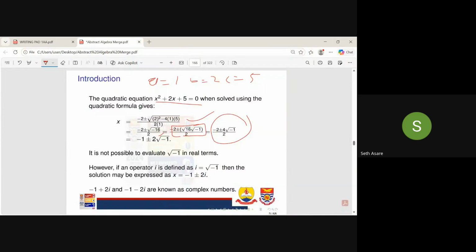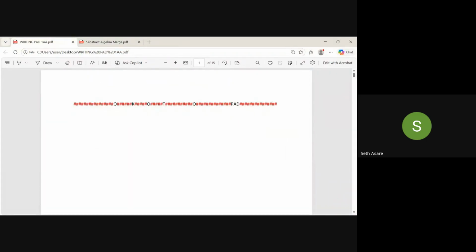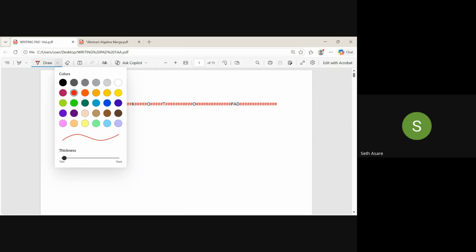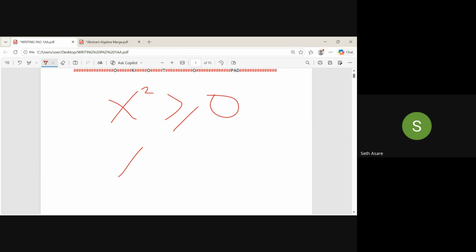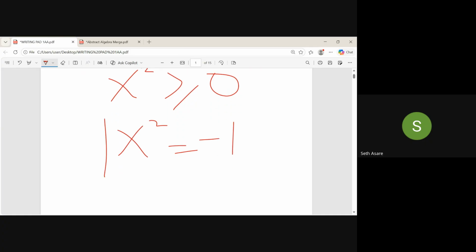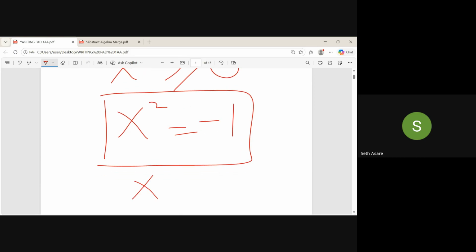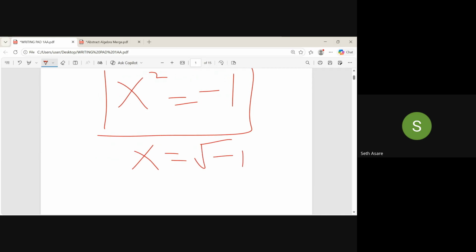Math error because in the real number system, s squared should be greater than or equal to 0. So if I have s squared equal to minus 1, how do I solve this? It's going to be difficult. That one is going to be x equal to the square root of minus 1, and in the real number system, this is not solvable.